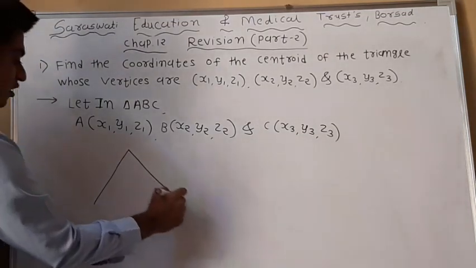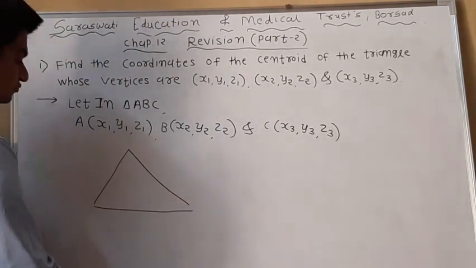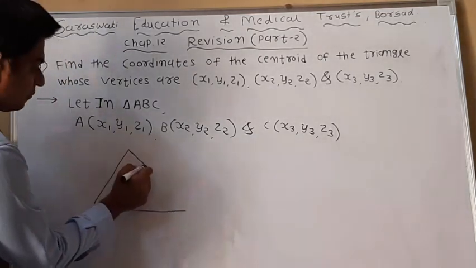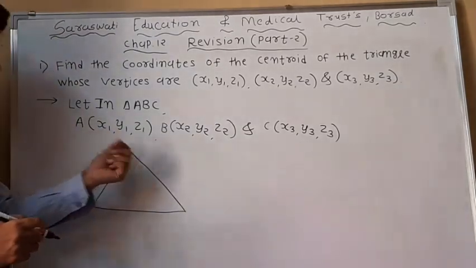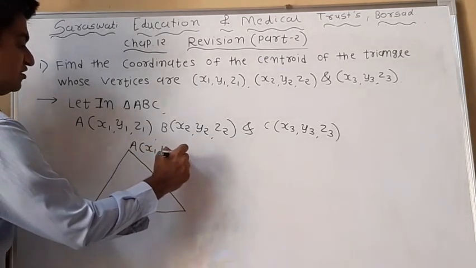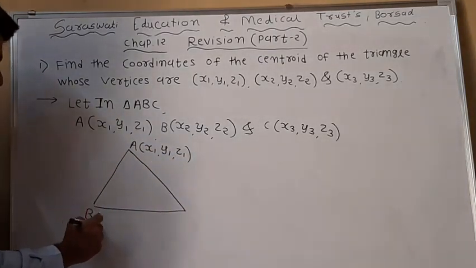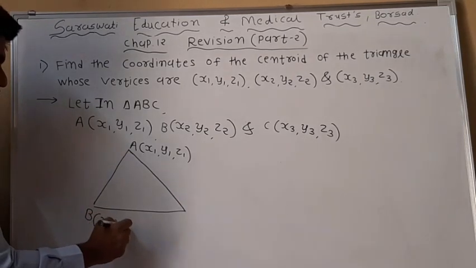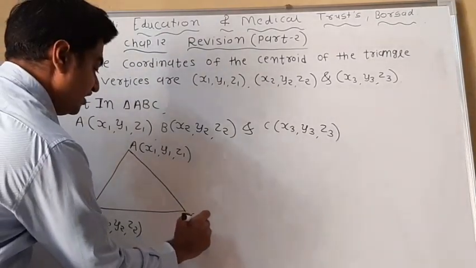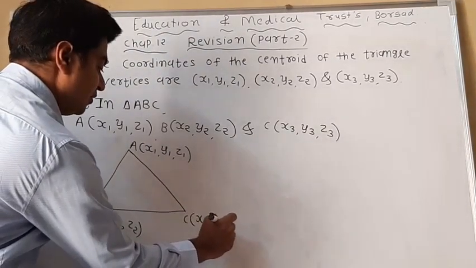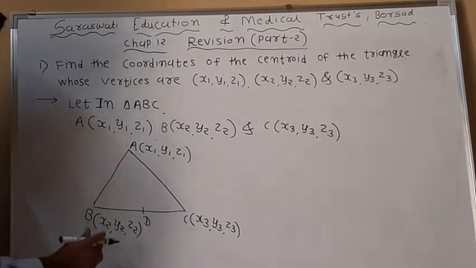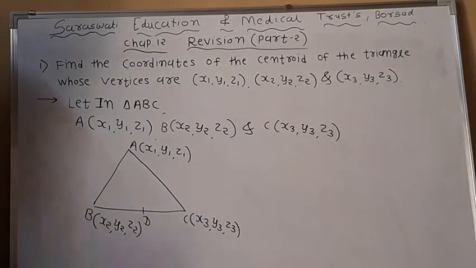Now draw the triangle. Here the coordinates of A are x1, y1, z1, the coordinates of B are x2, y2, z2, and the coordinates of C are x3, y3, z3. Now suppose D is the midpoint of line segment BC.